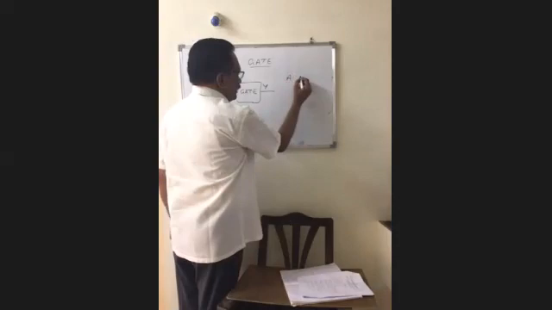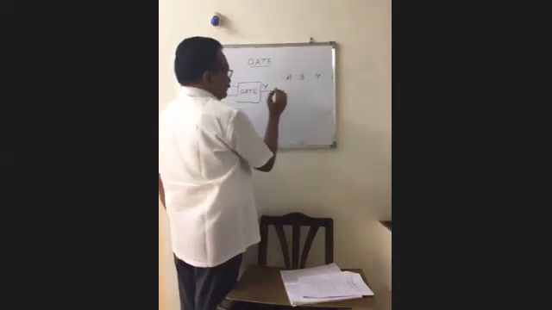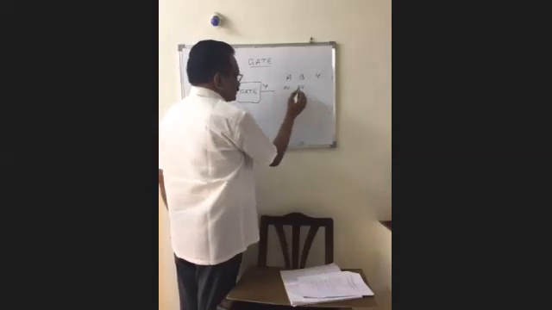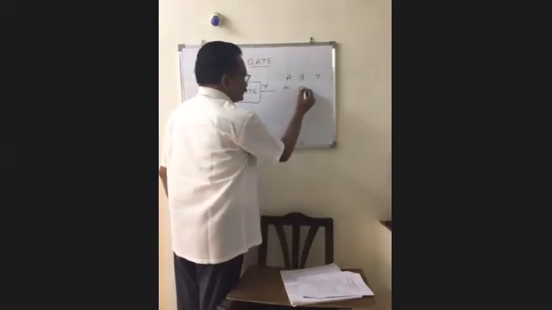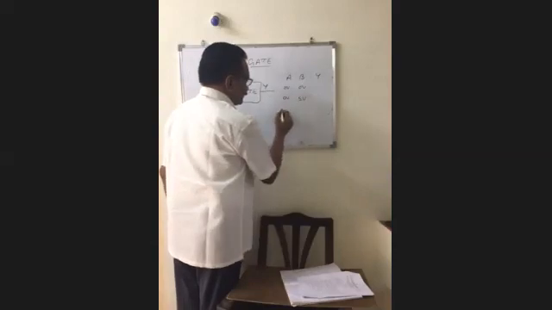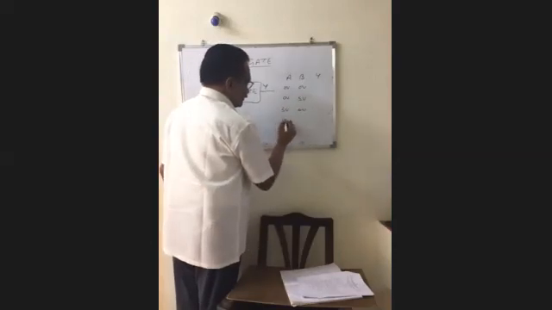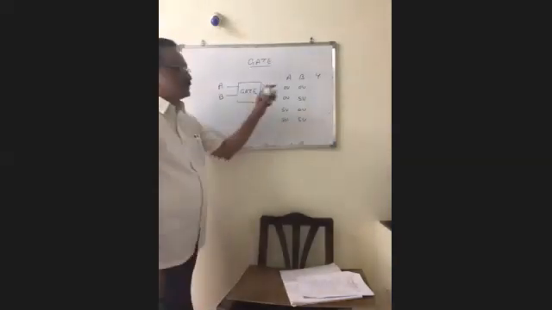This is the first input A, this is the second input B, and this is the output Y. So apply here 0 volts, 5 volts, 0 volts. Next 0 volts, 5 volts, 5 volts, 0 volts, 5 volts, 5 volts. Observe the output.